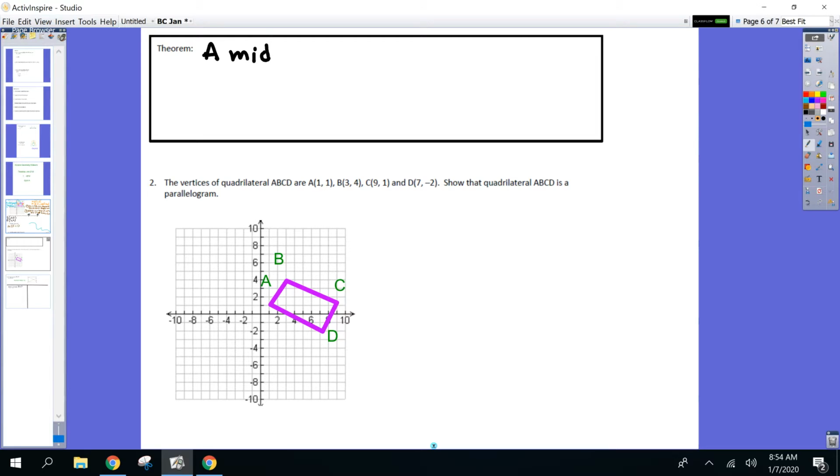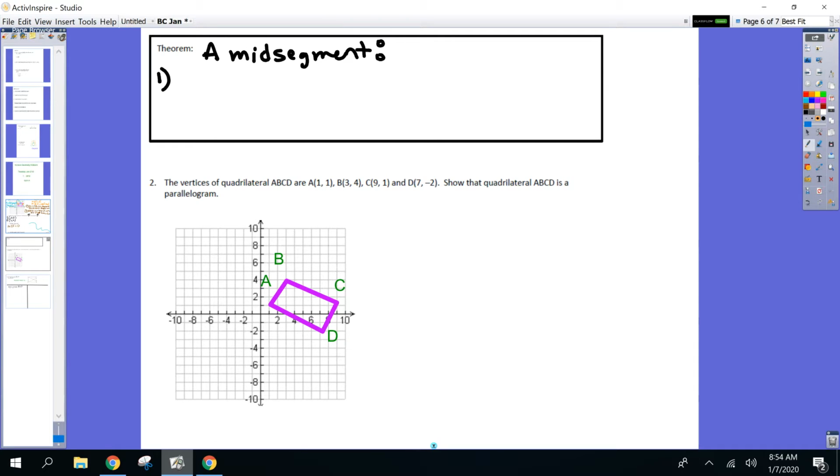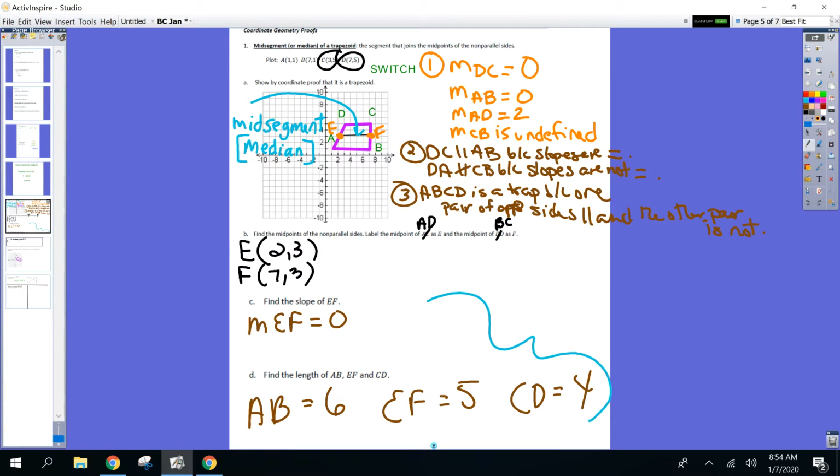Theorem, a mid-segment. All right, I'm going to need somebody to find the first theorem. 25, you ready? Go ahead. Which means what?